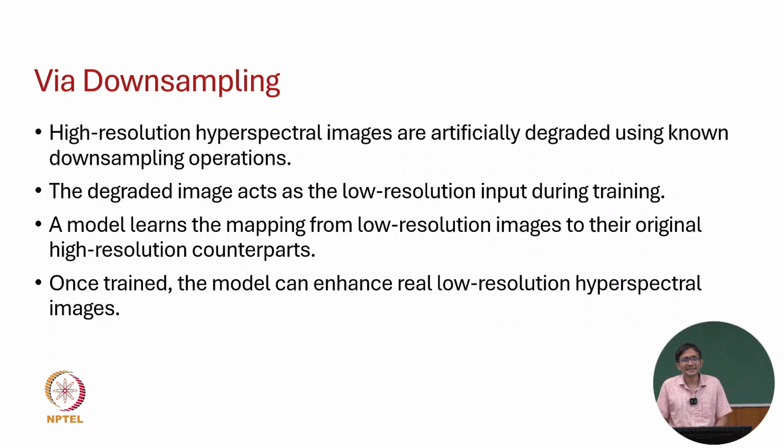Now during the training process, what happens is that this low acts as an input to get back high, and when this model training has been done, the assumption is that now during the inference, even if the high resolution is given as input, the model should be able to give us back the higher resolution. Okay, so from low we go to high during the training process, from high we can go to higher. This is the assumption with which this works, and this approach is often, of course, also used beyond hyperspectral images.